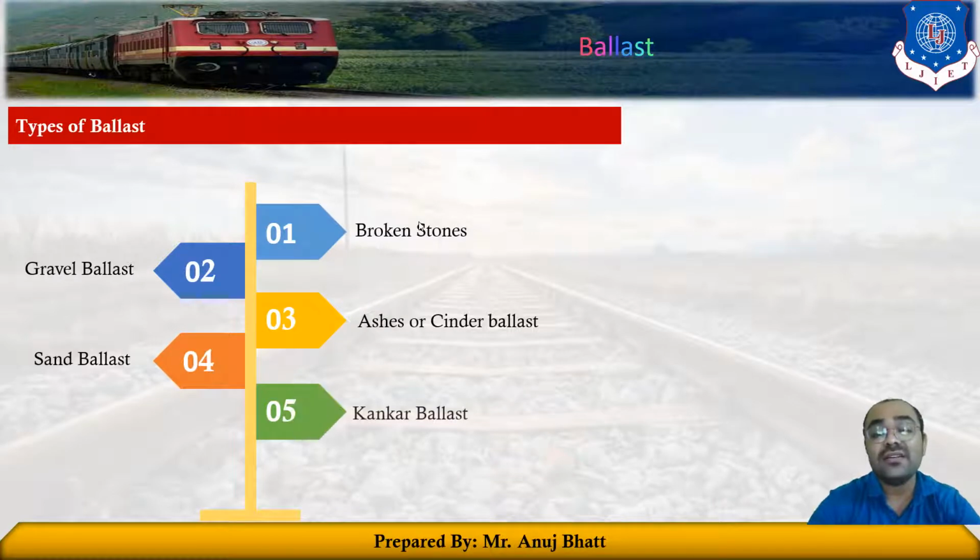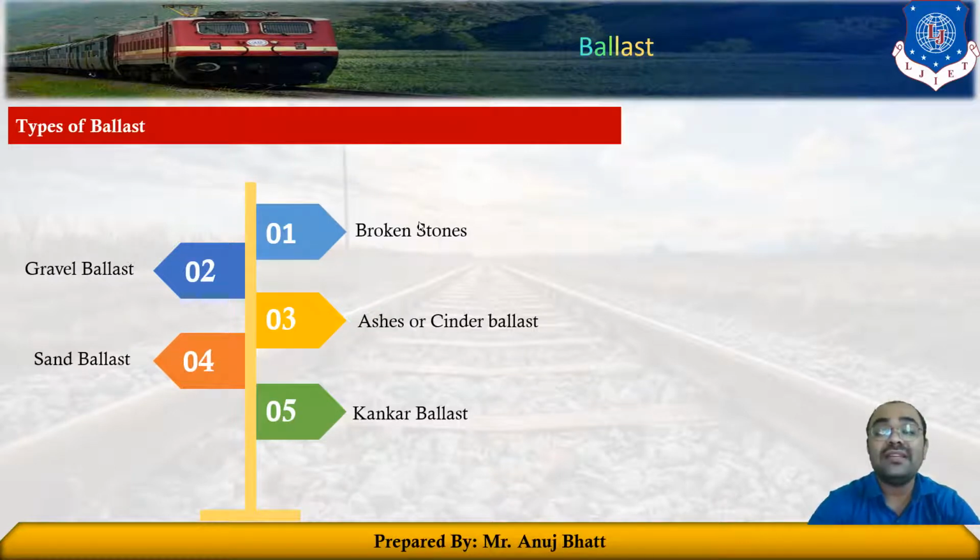The next one is the conker ballast. Conker is used as a ballast where the other chief materials such as broken stones or gravel ballast are not easily available. It is cheap and has a good drainage property, and is used for meter gauge or narrow gauge tracks.